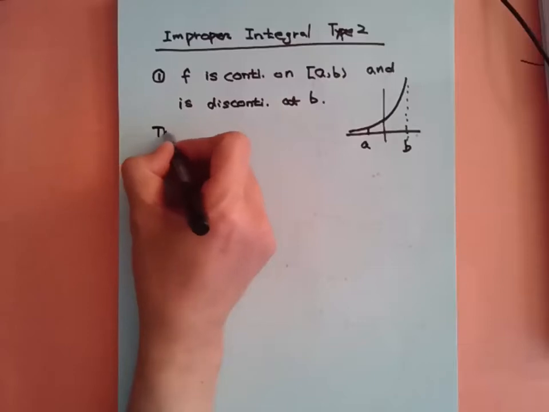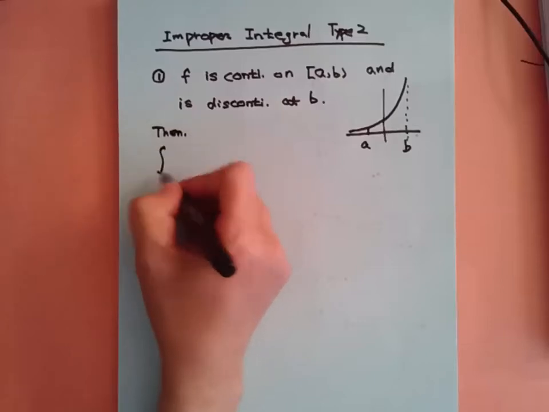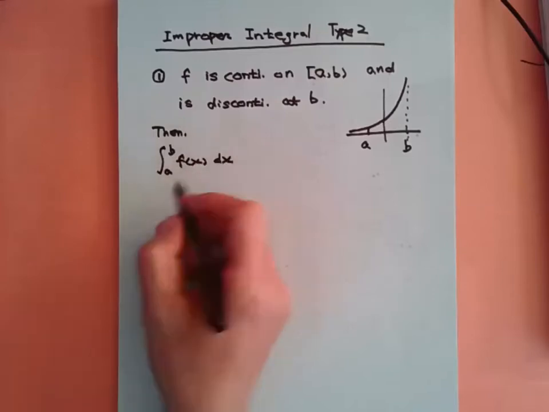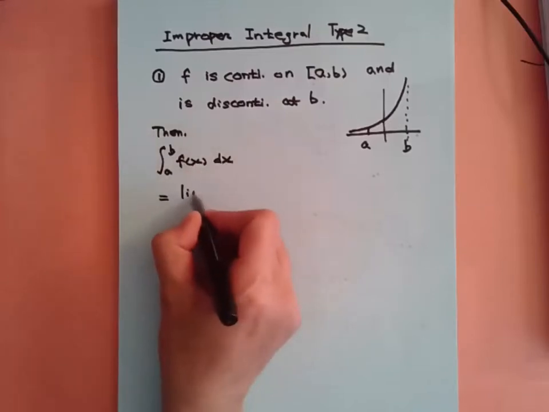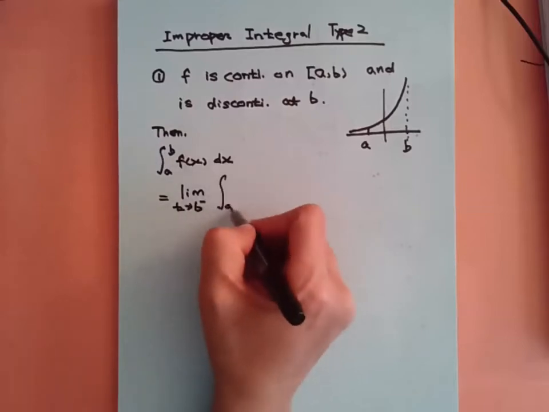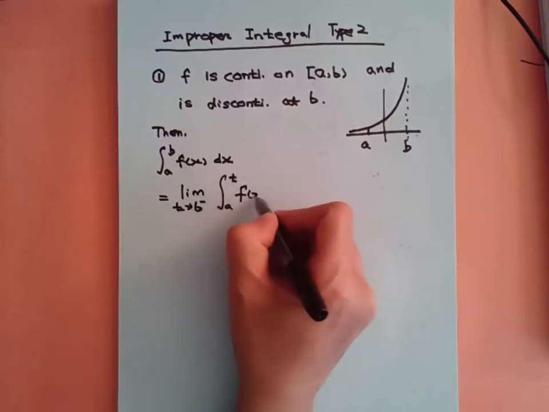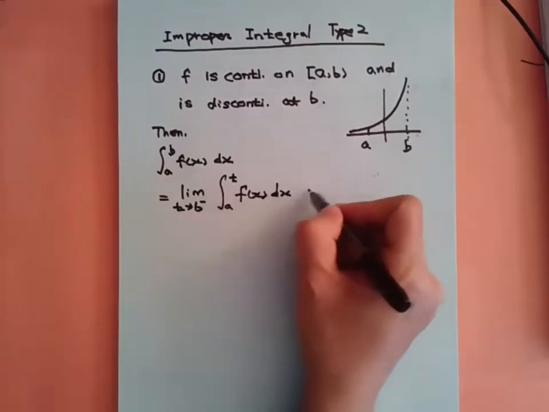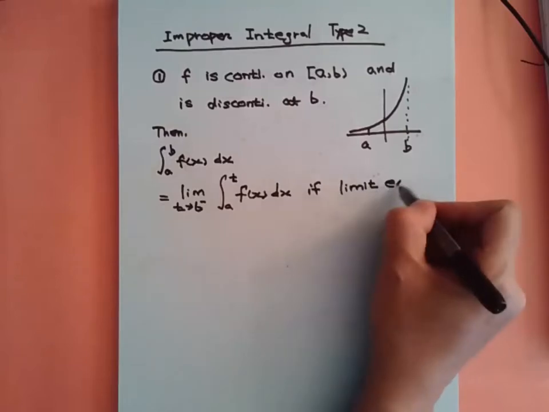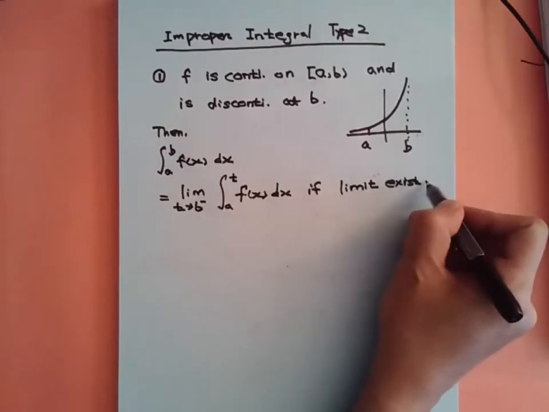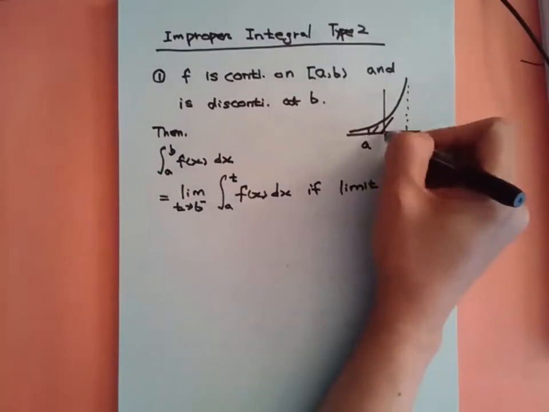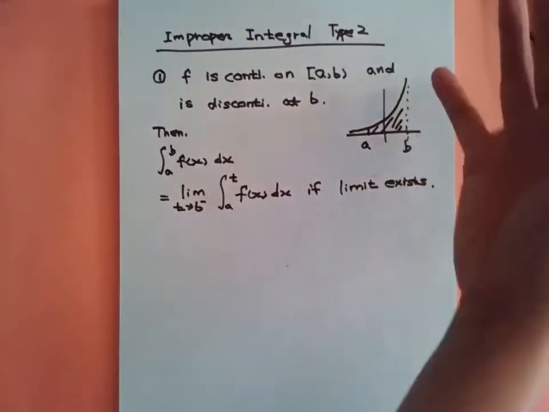Then the integration from a to b of f of x dx equals the limit as t goes to b minus of the integration from a to t of f of x dx, if the limit exists. So we are thinking about the area under this curve.